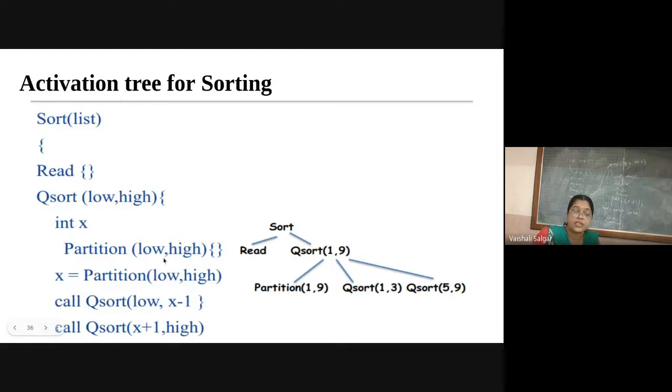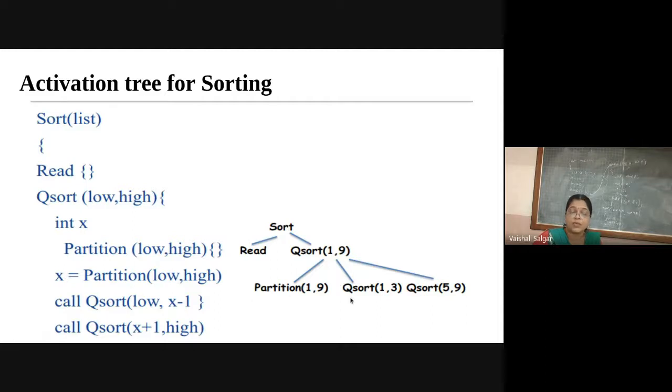Now the partition procedure will be called with 1 comma 9, where low has the value 1 and high has the value 9, and it will return the middle of those elements. So it will return 9 divided by 2, since the total elements are 9. 9 divided by 2 is 4.5, but the position or location in the array is not a float, so it will be considered as an integer, which will be x, the value 4.